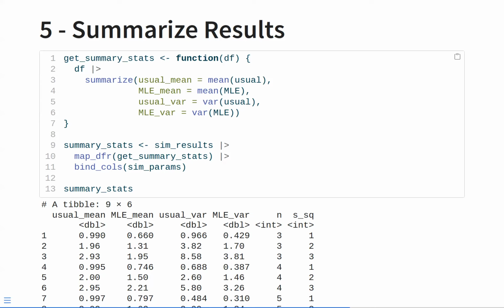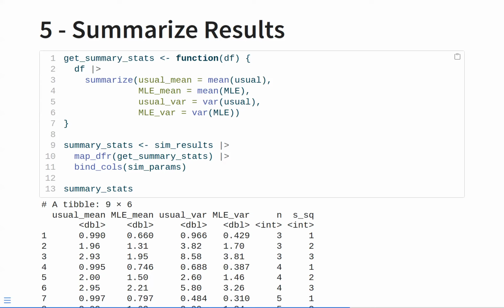So remember, on the last slide, we had a list of 9 tibbles. Each one corresponded to a parameter configuration. So each of those tibbles has 5,000 rows, and that tibble with 5,000 rows has 2 columns, usual and MLE. So what I've got here is a function that I can apply to that tibble to compute the means and variances of those columns.